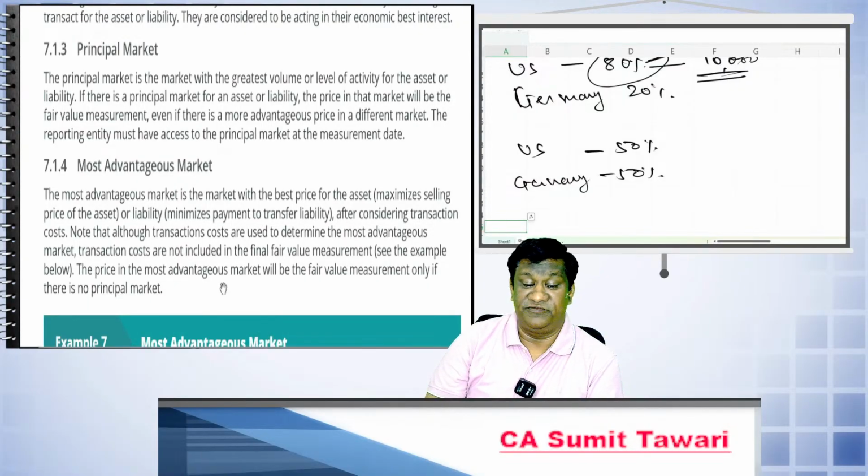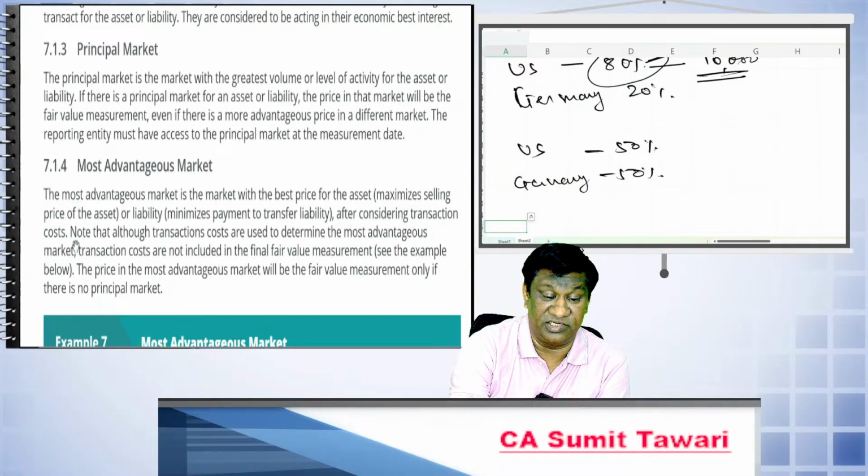The most advantageous market is the market with the best price for the asset, maximizing the selling price of the asset or minimizing the payment to transfer the liability, after considering transaction costs. Note that although transaction costs are used to determine the most advantageous market, they are not included in the final fair value measurement.